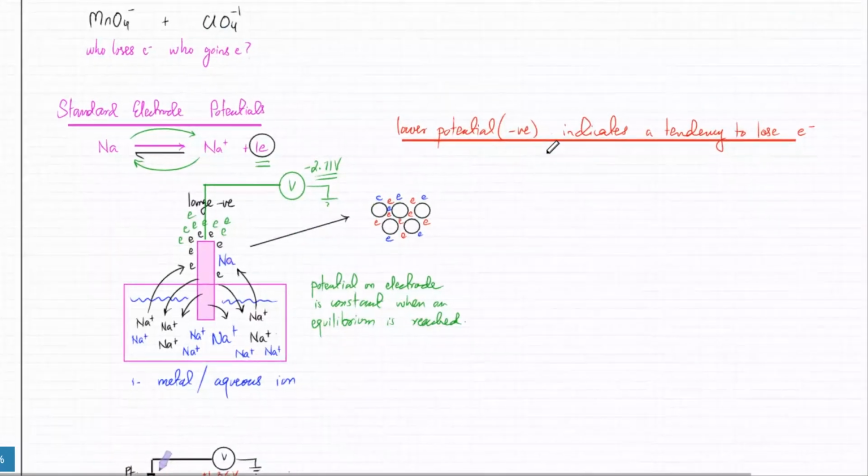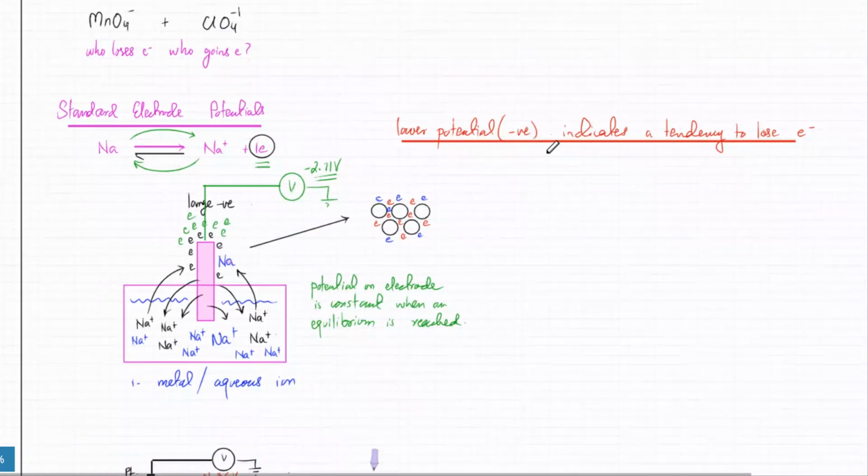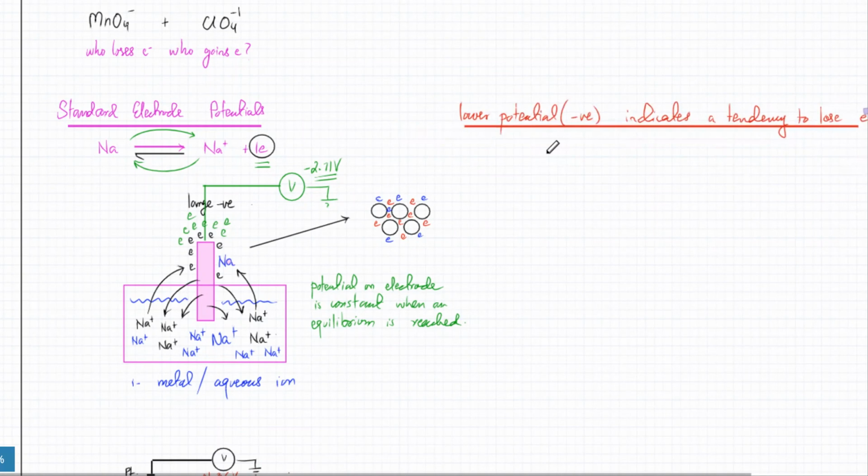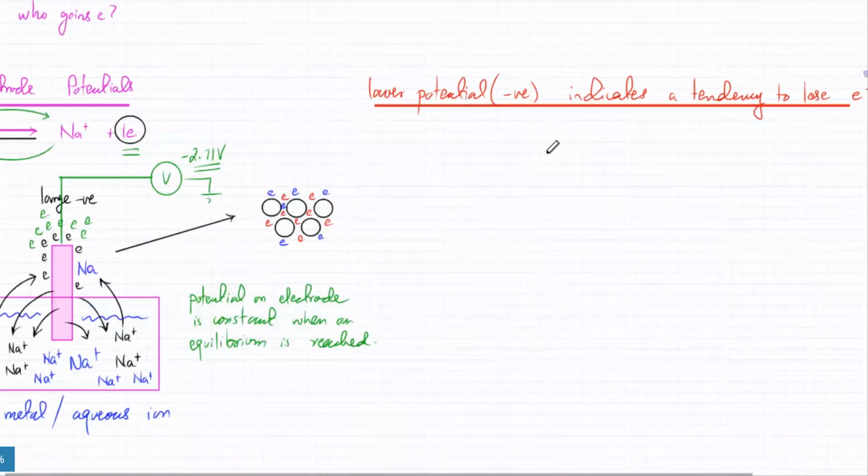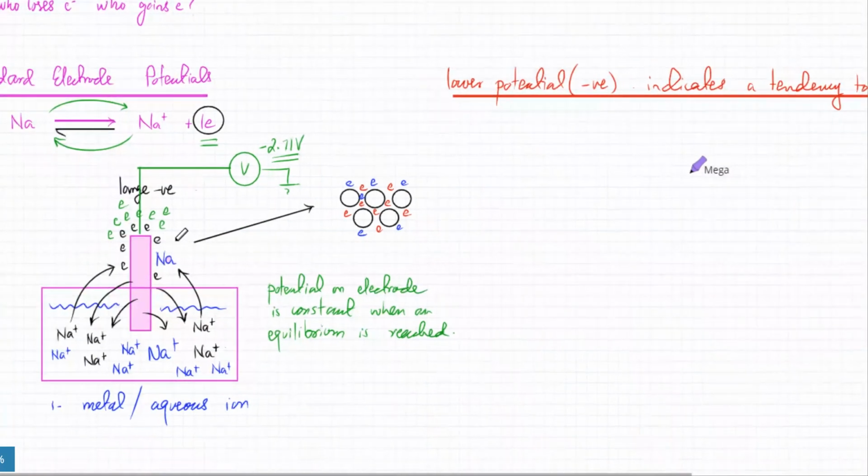Now, another very important point that we did discuss is that a lower potential, which is a negative potential, indicates a tendency to lose electrons. The reason the sodium electrode was so negative was that sodium really wanted to lose electrons, so a lot of electrons were accumulating on the metallic rod. Is that clear?